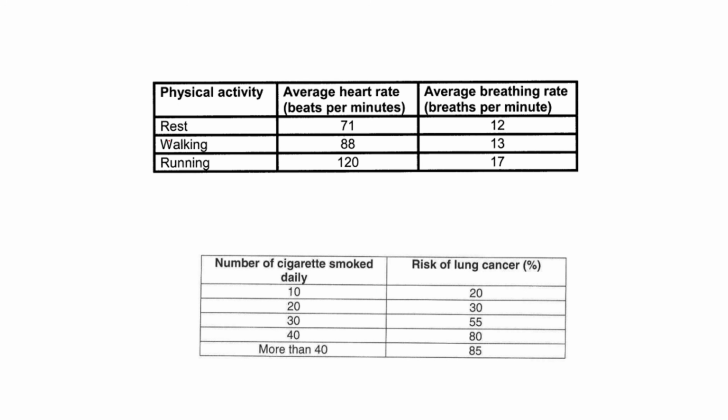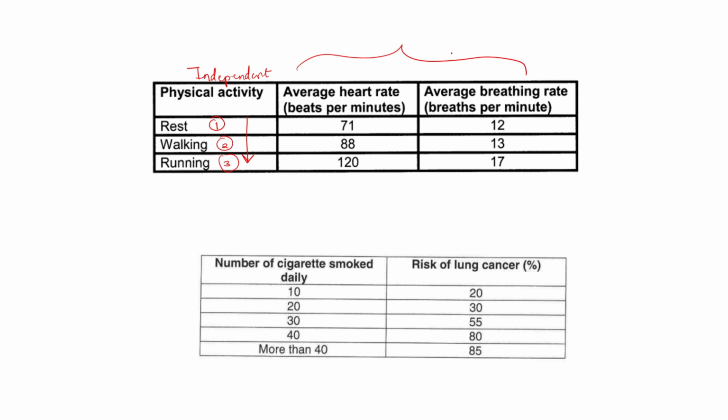Just like this table here, you can see physical activity. The physical activity changed. At first, the physical activity was to rest. The second one was to walk. The third one was to run. All of these are different physical activities. So the physical activity here is changing. It is our independent variable. Independent, it is the one that changes so that we can have these results.